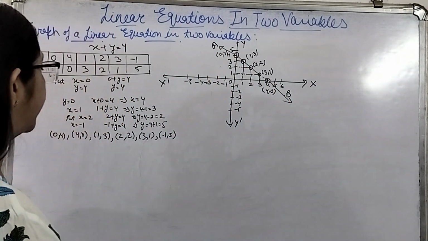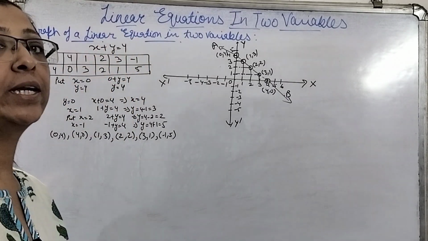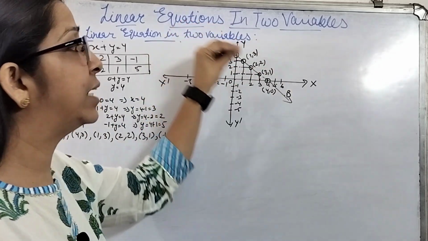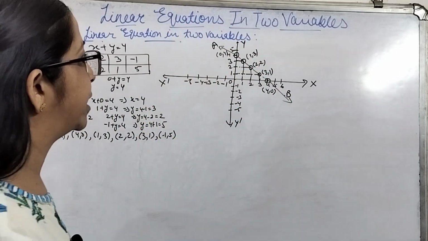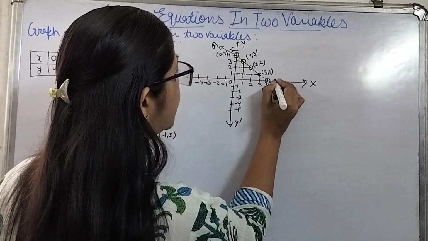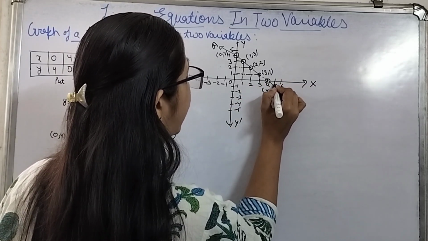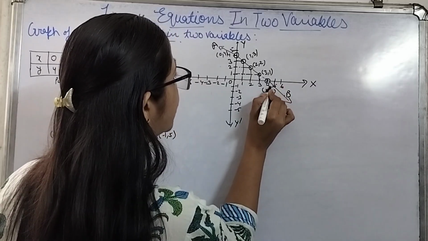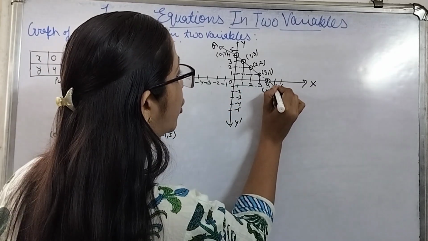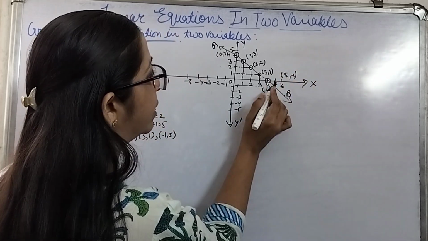Similarly, whatsoever the solutions of this linear equation in 2 variables will be, it is going to lie on the given line. Suppose I am going to take this point, the intersection point, from where I have drawn a perpendicular on the x-axis and also on the y-axis. The coordinates of this point will be your 5 comma minus 1, right?